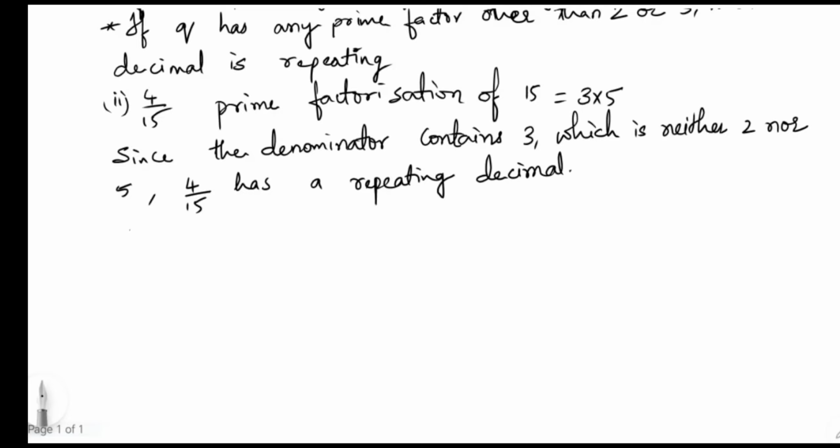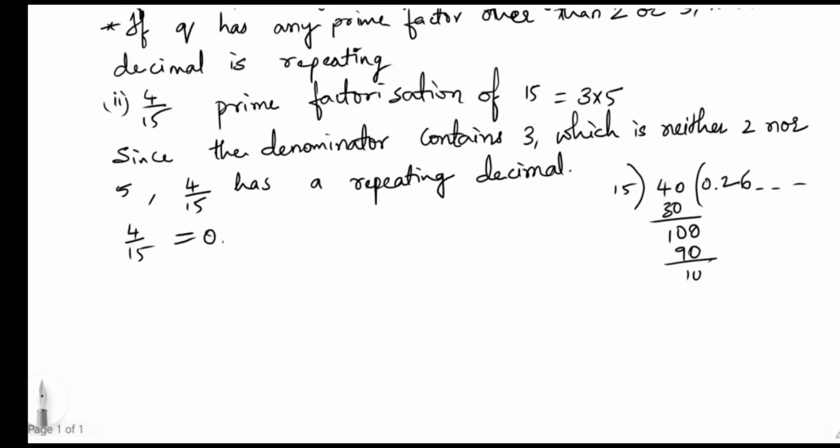So now let us convert this into decimal form. We will write 0.266 and so on. Okay, it's a repeating decimal.